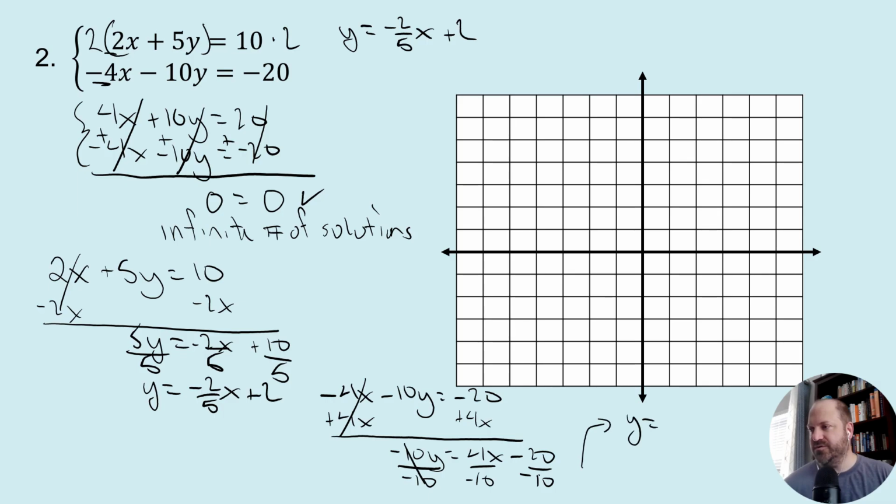We get y equals negative 4 over 10 x plus negative 20 divided by negative 10, which gives us a positive 2. So let's simplify this negative 4 over 10. We know that 4 is 2 times 2, 10 is 2 times 5. Cancel out the 2's and we get 2 over 5. So we can simplify this to negative 2 over 5 x plus 2.